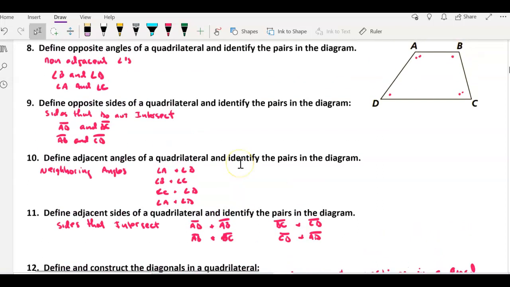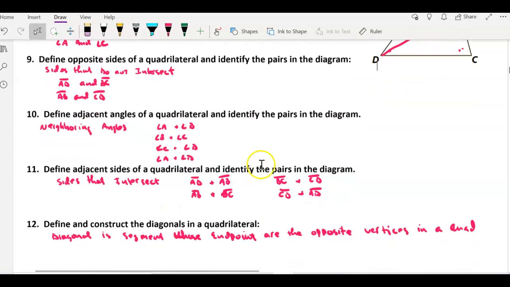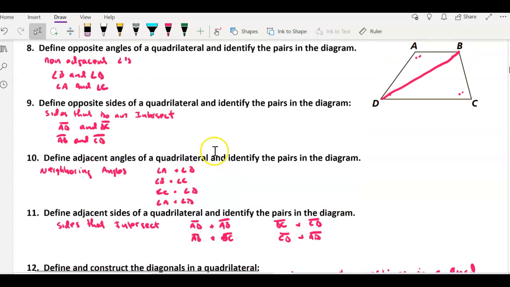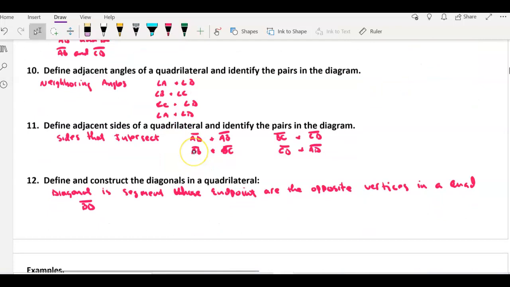Okay, so when I look here, if I connect these opposite vertices, almost like the opposite angles, B and D, BD would be a diagonal. And my other diagonal would be connecting A and C. Okay, so AC would be the other diagonal.